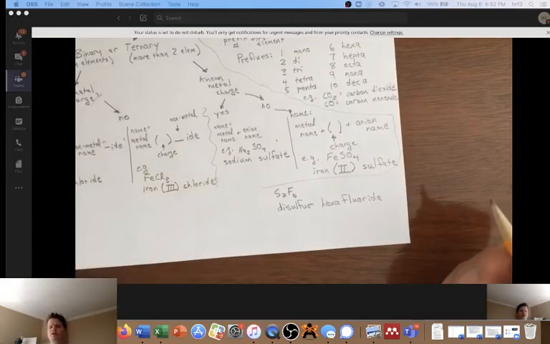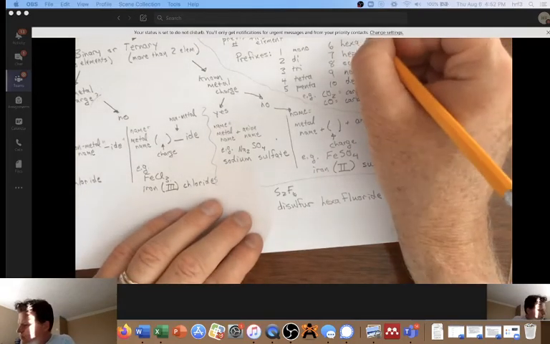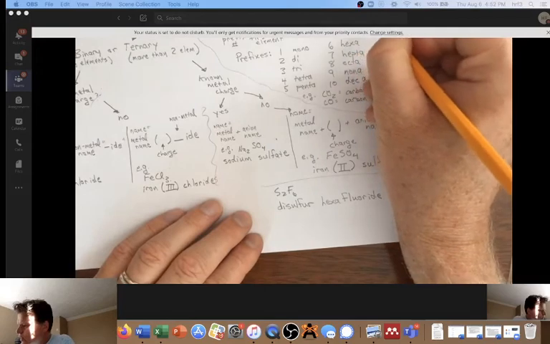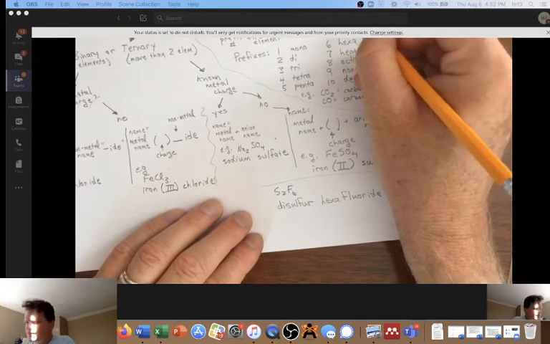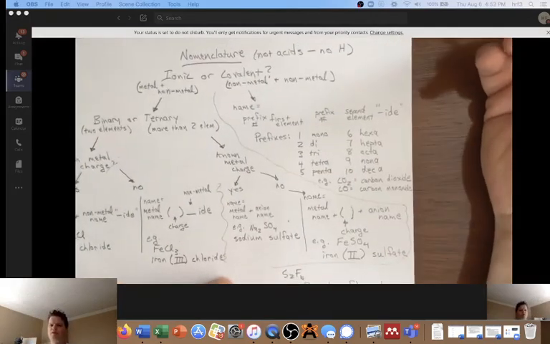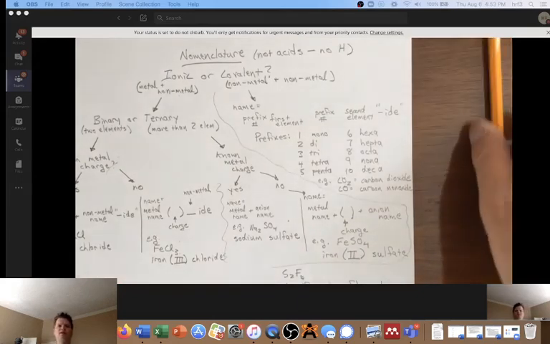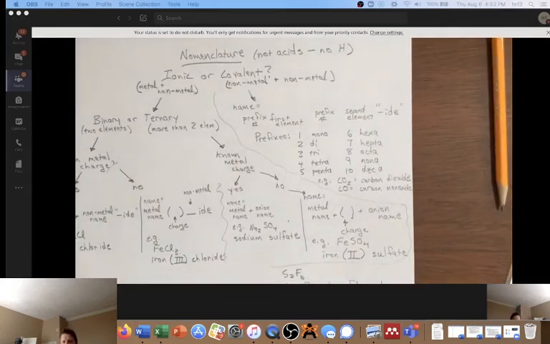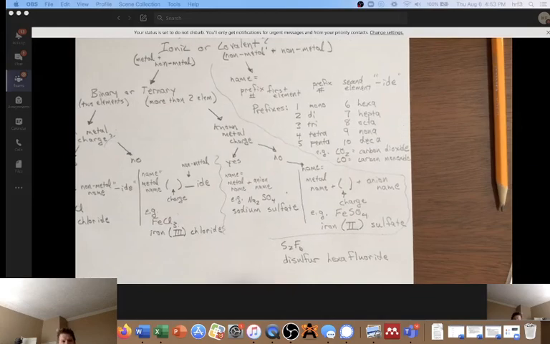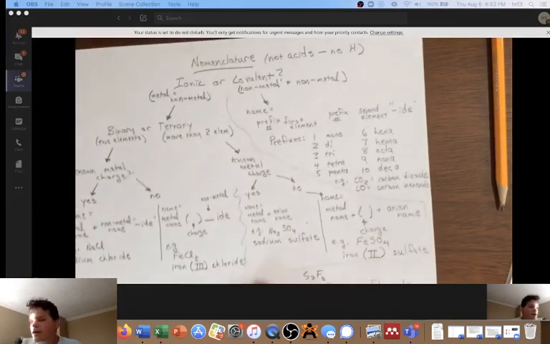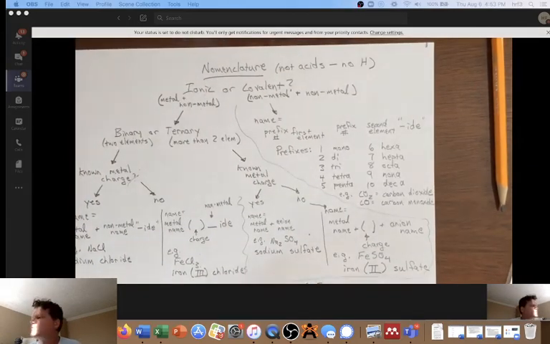Okay. So we do end the second element with "ide." Oh, sorry. There you go. Second element ends in "ide." All right. I think that's it now for the nomenclature for the non-acids with no hydrogen. We'll do another video or two for the acids.